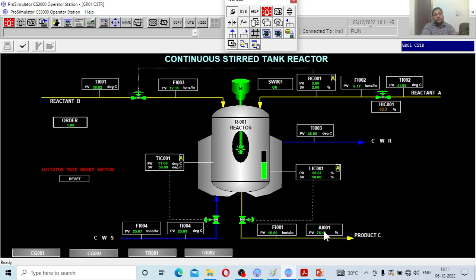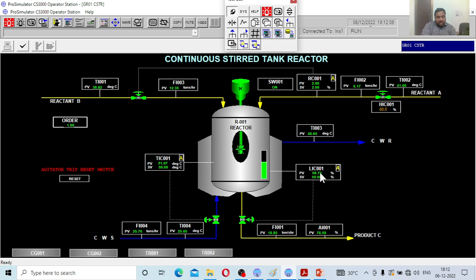Why is it happening? Even though you increase the flow rate, the conversion is rising here because the level is increasing. If the level increases, the volume is increasing. Volume by volumetric flow rate is my space time. Of course, that means in the initial period, because of the increasing volume, the space time has increased and the conversion seems to be increasing.